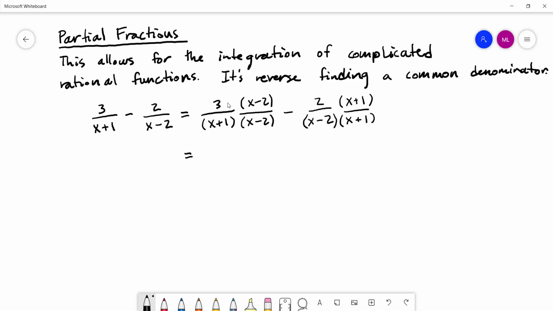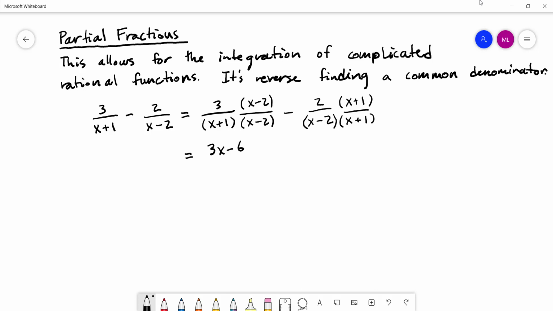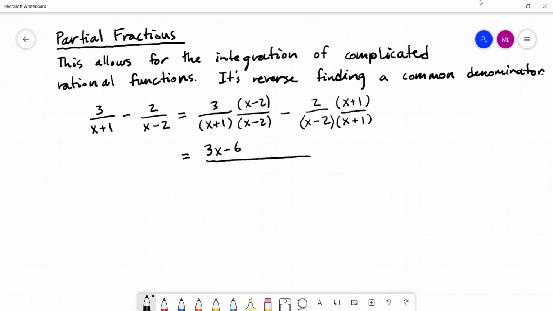If we distribute through and start combining like terms, here we'll get 3x minus 6 over a big fraction on the bottom. We're going to have that product x plus 1 times x minus 2, and we'll FOIL that out in a minute.